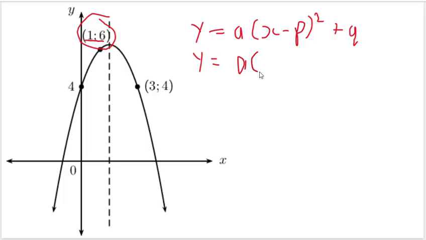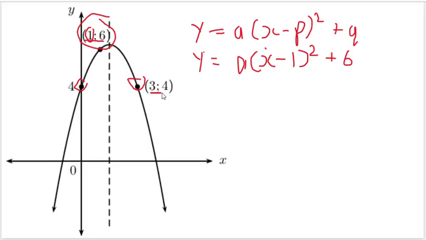Now all we're doing is substituting this x, minus. We can see that our p is positive, so when it comes here, it becomes negative, squared, plus 6. Now we can take any point, either this point or this point here, to sub into our x and y values.